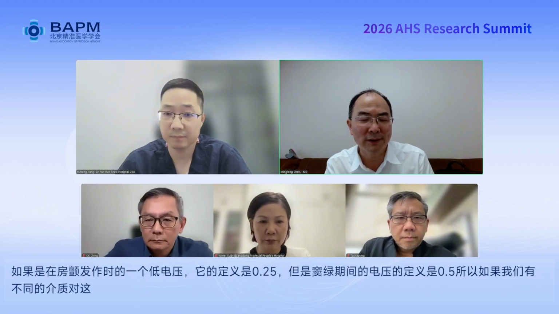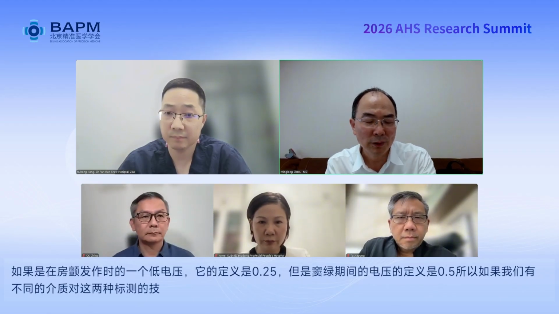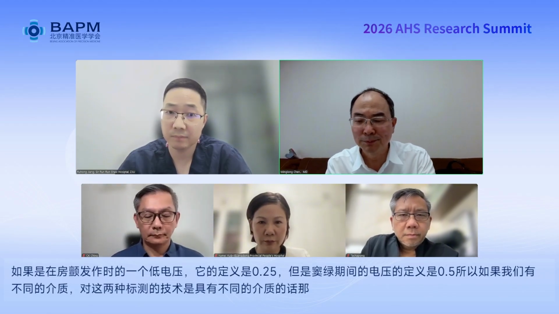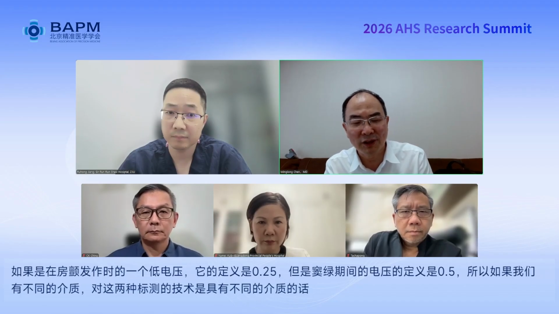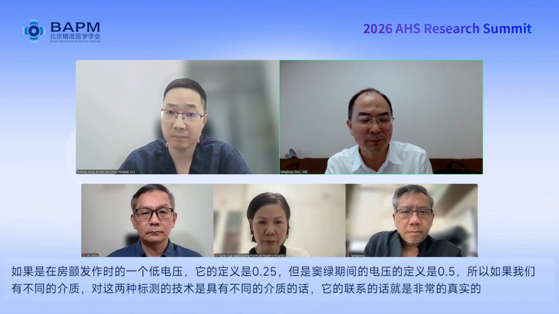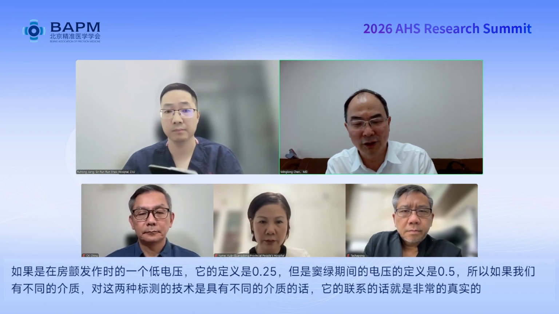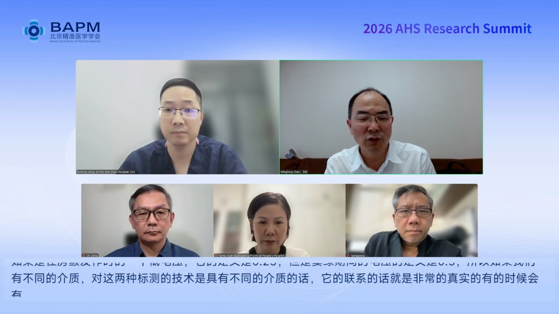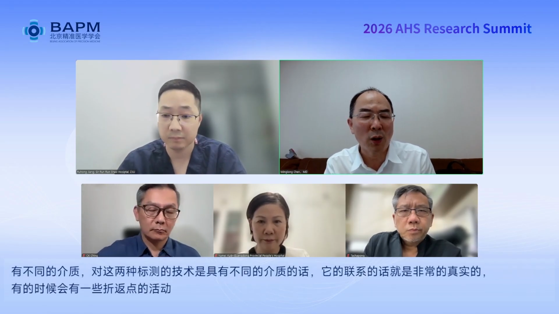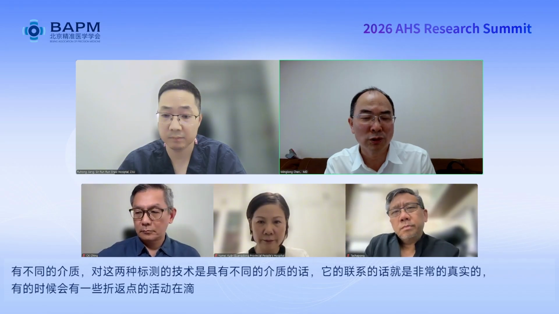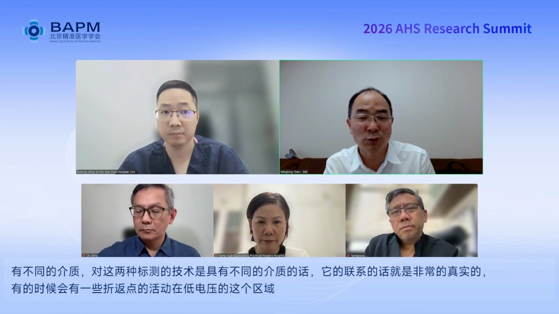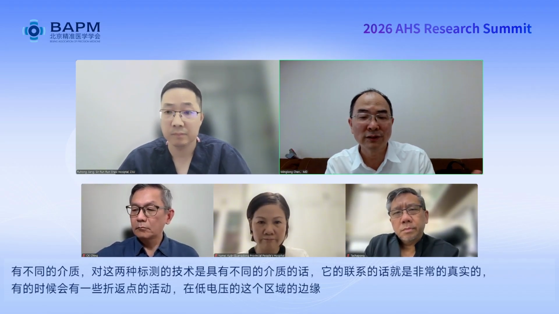But the key point, like Professor William Park presented, is that the border zone is also very important. Some of the rotational activation areas are at the border zone of the low voltage area. So this is why in our stable SR approach, we also emphasize the transitional areas. So this is one question.